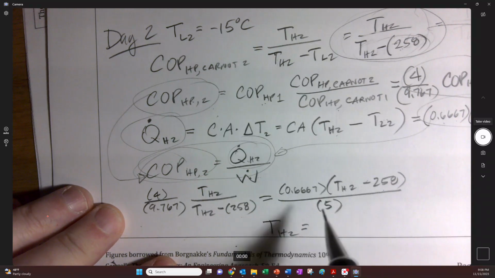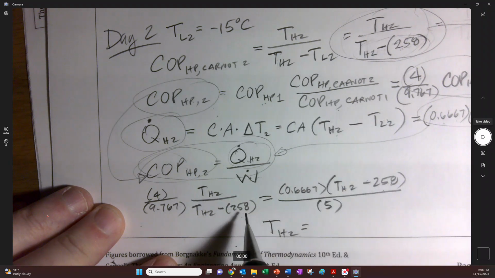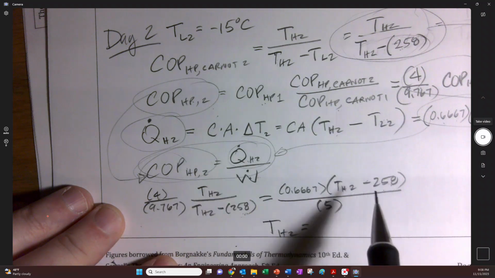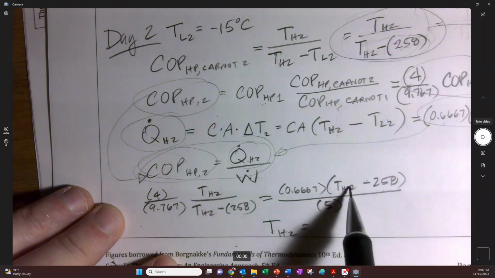I haven't done it, but when I did it before, I wasn't using degrees Kelvin, and I don't think the book was either. And I was not getting it to solve. But if you get it to solve, there's a good chance that you're going to get the answer in Kelvin.